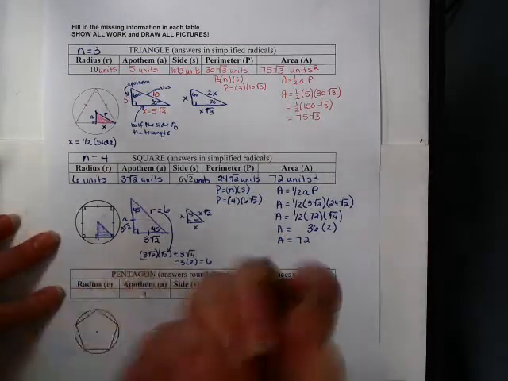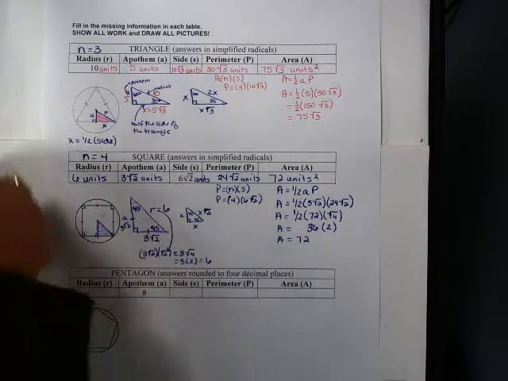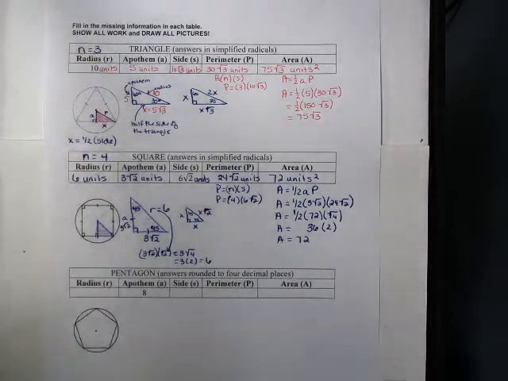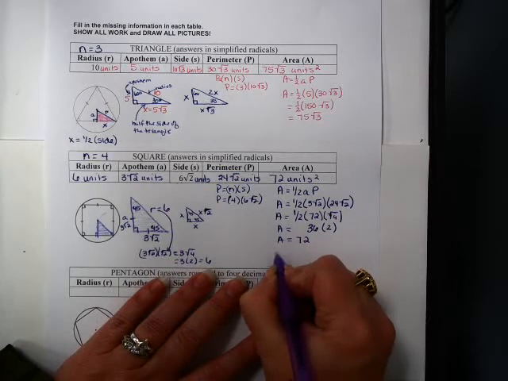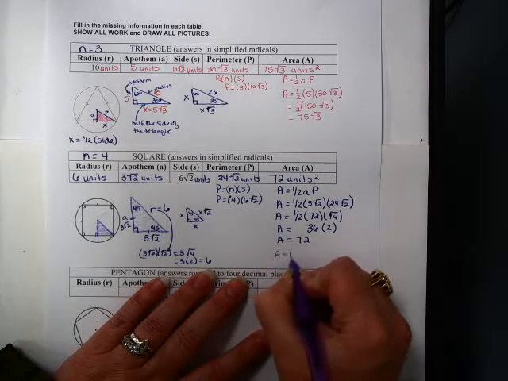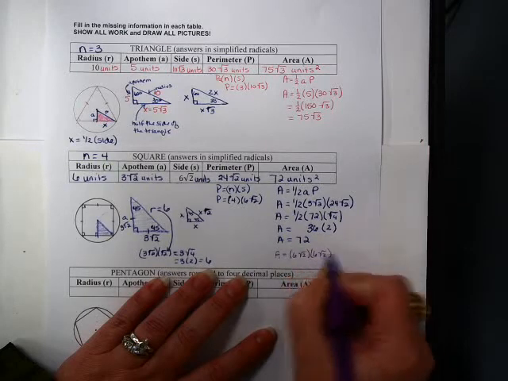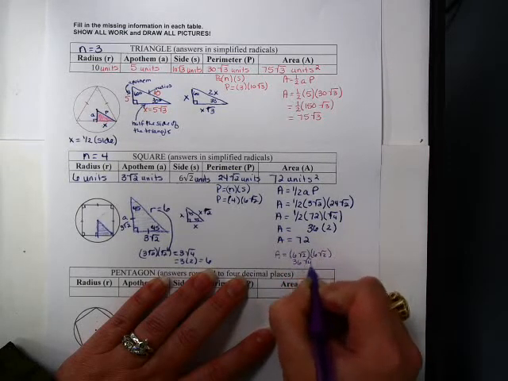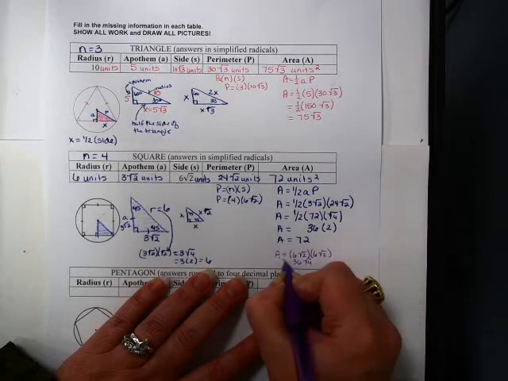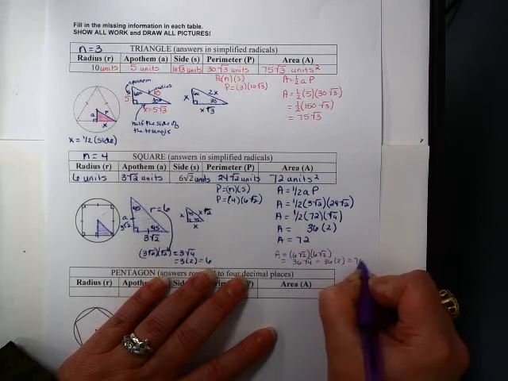So if we use the old formula on this one to double check to make sure we got it right, okay, I'm going to change colors just so you know that I'm just using this to make sure I have it right. Area is equal to 6 rad 2 times 6 rad 2, which is 36 times rad 4, which is 36 times 2, which is 72.